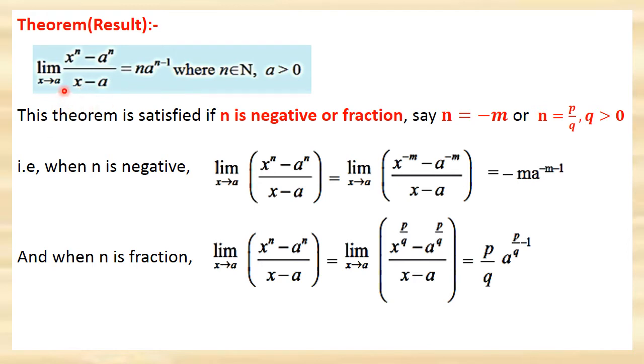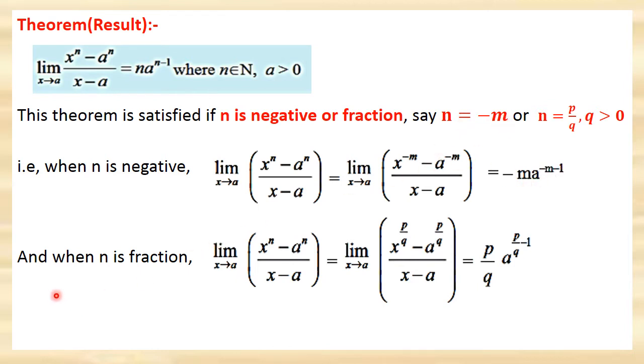Now this theorem can be extended for negative and fractional indices also. That is, if n is a negative number or a fraction, then also the theorem is satisfied. That is, limit x tends to a of x raised to n minus a raised to n upon x minus a is equal to limit x tends to a of x raised to minus m minus a raised to minus m upon x minus a, which is equal to minus m into a raised to minus m minus 1, where n is equal to minus m.